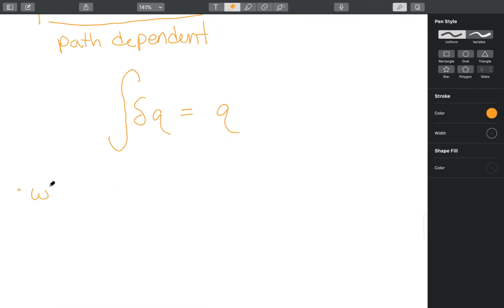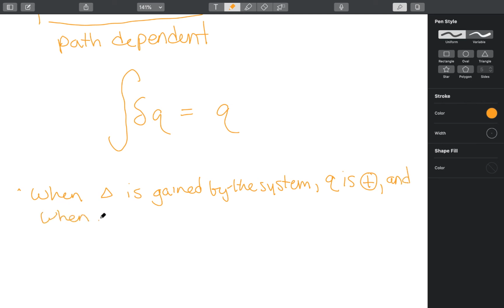When heat is gained by the system, Q is positive, and when heat is lost by the system, Q is negative.